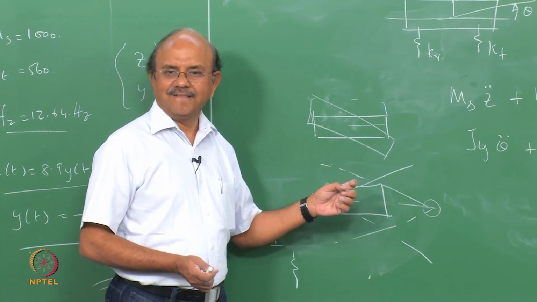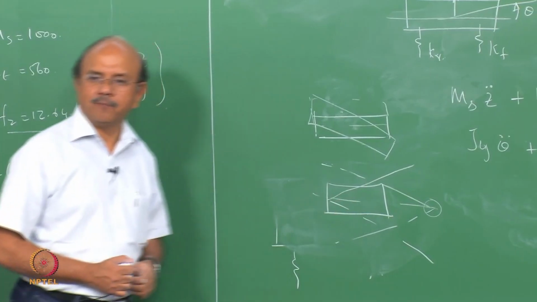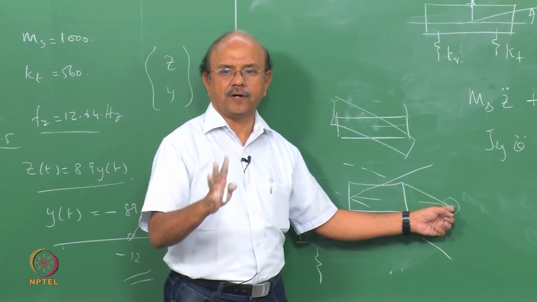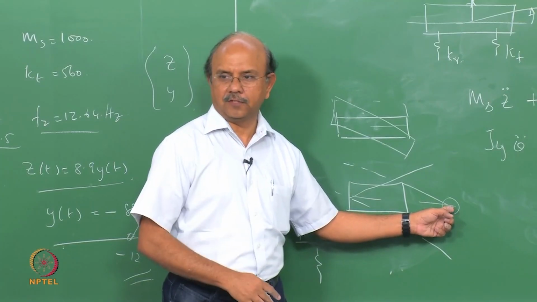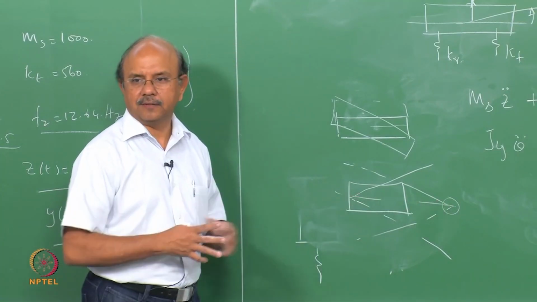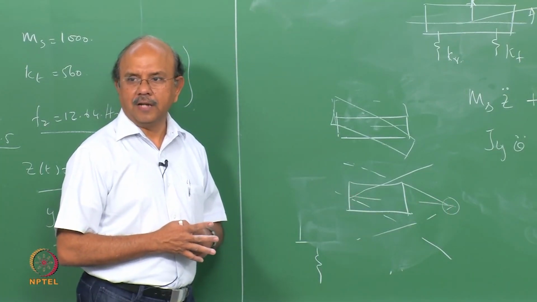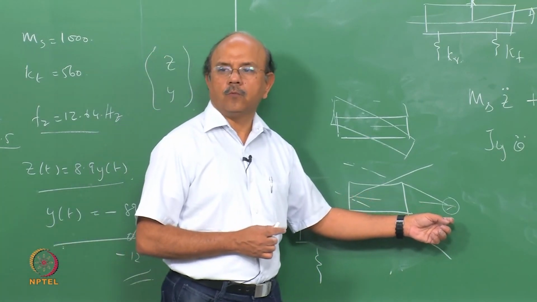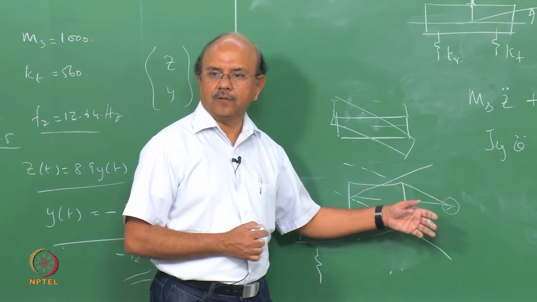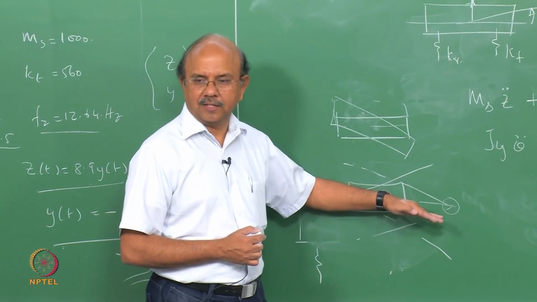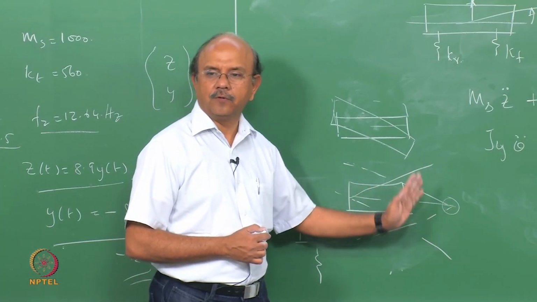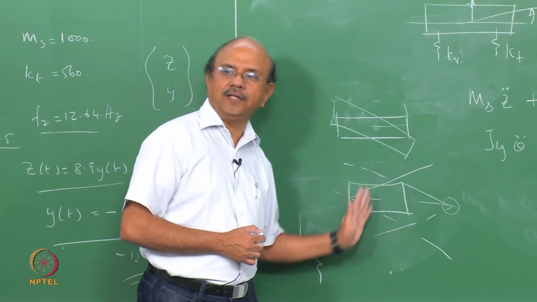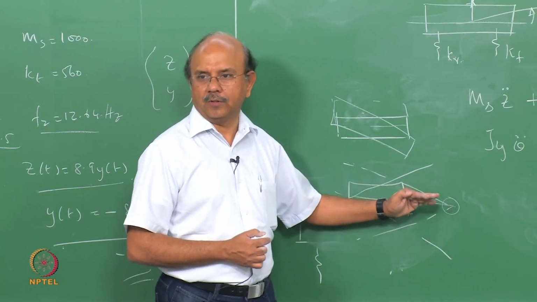Let us look at this situation. Suppose this point happens to be in the front seat, which is very close to the suspension, and this happens to be at the rear. Now, when one of them oscillates, at the place where you give the input, you would see that the front bump won't affect the rear, the rear bump won't affect the front, and so on.